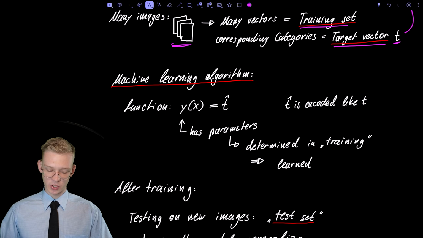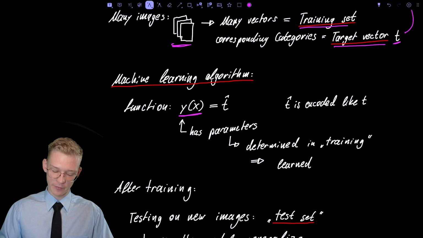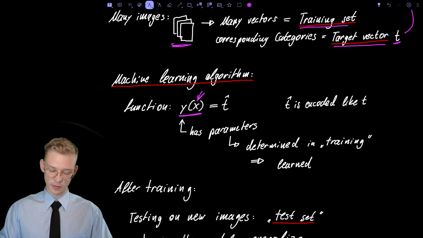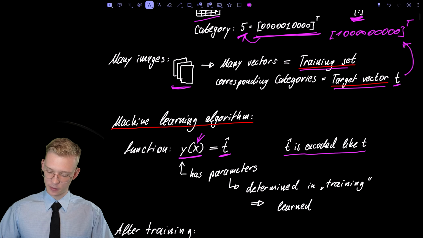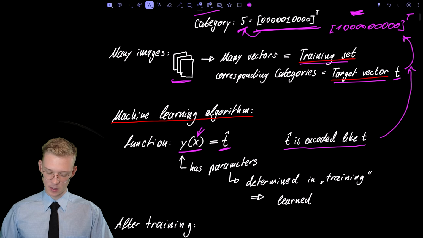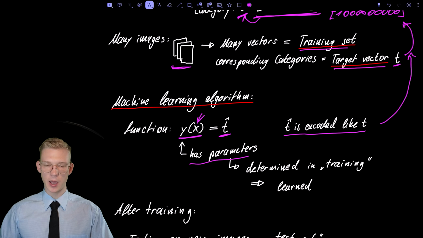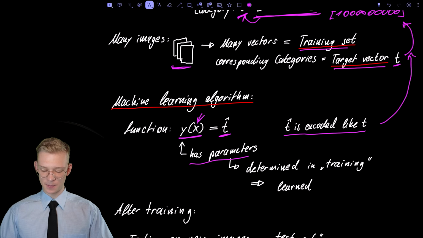So this will be our machine learning algorithm, where we have a function where we give the computer a vector, and we expect a prediction. So it will return something that is also encoded like our vector that we had here. And this function has certain parameters. So it can be a big function, and it has parameters that are determined in training.